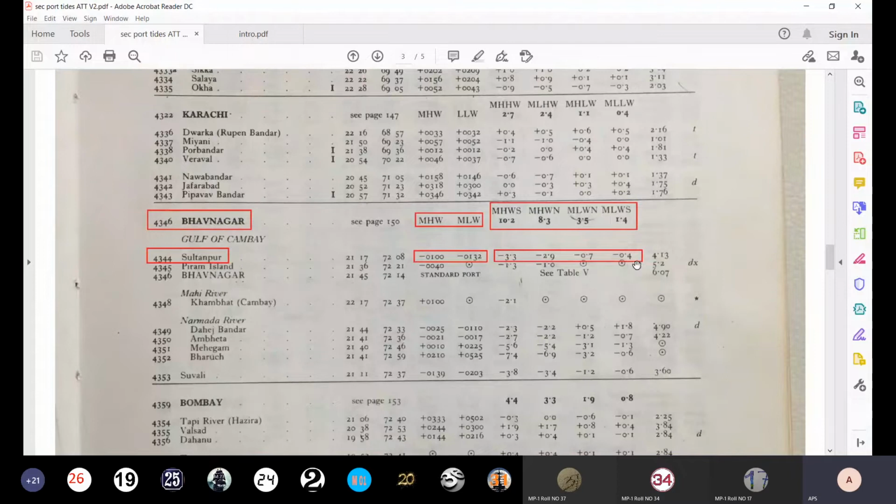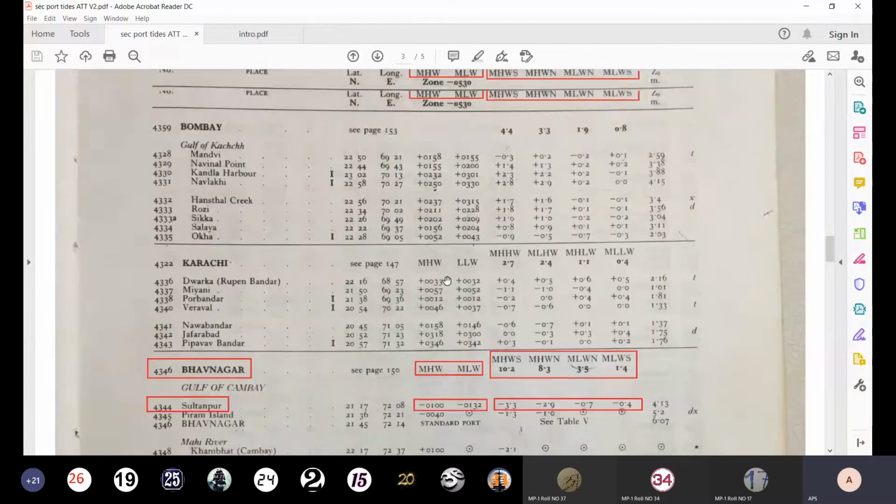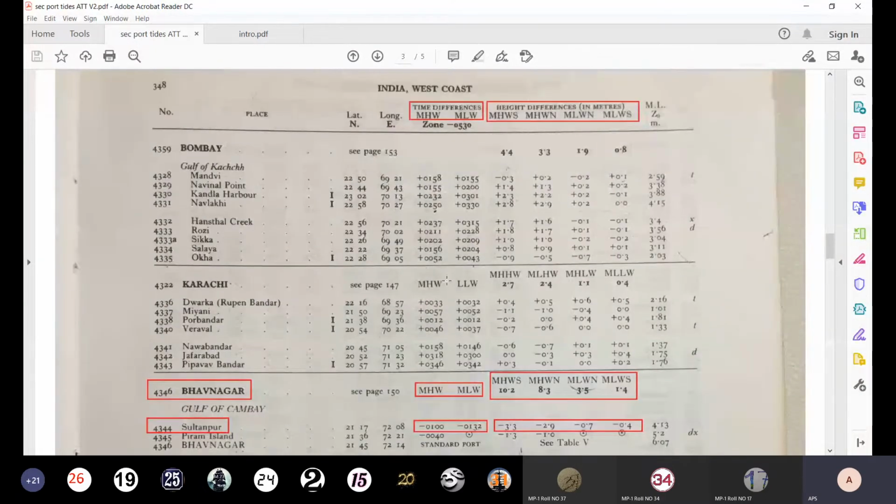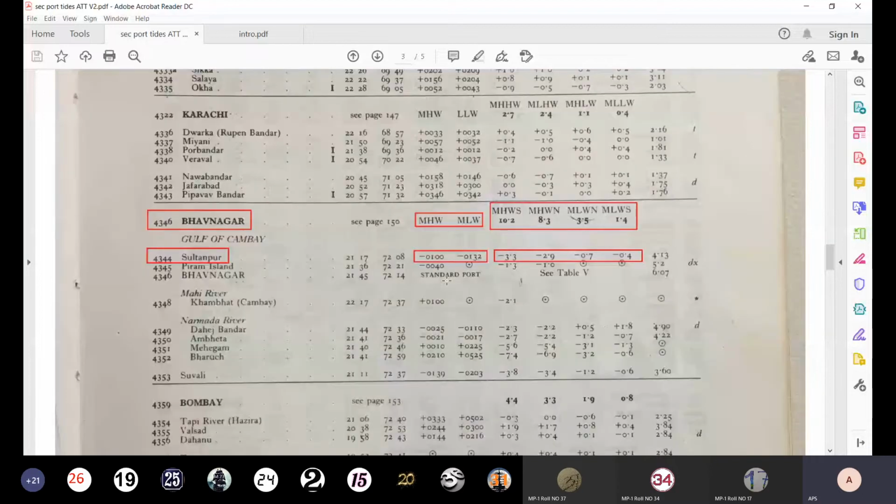So just mark in your tide tables with a pencil also, or write it down on one side in case you have got a software copy. Page number 348, volume 2. It is similar to volume 1, only thing we'll be using your duration curves.